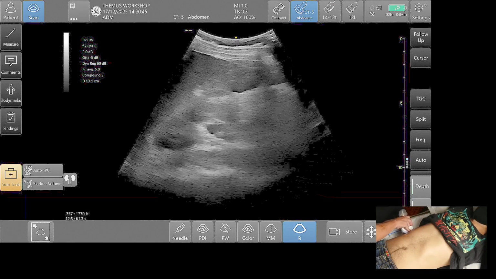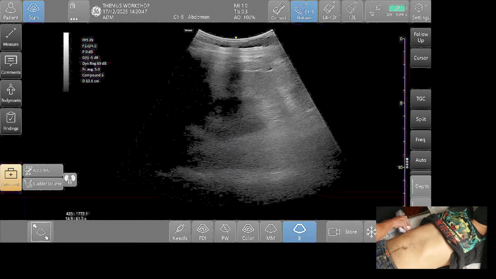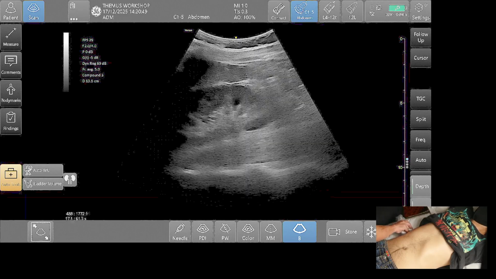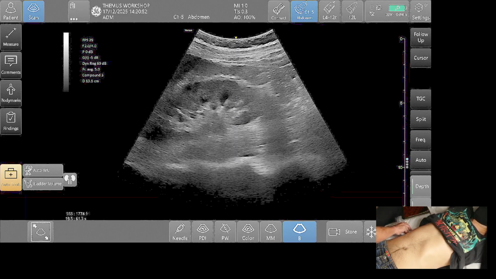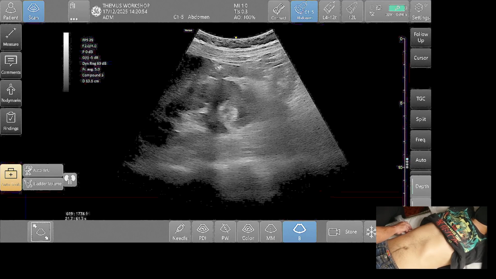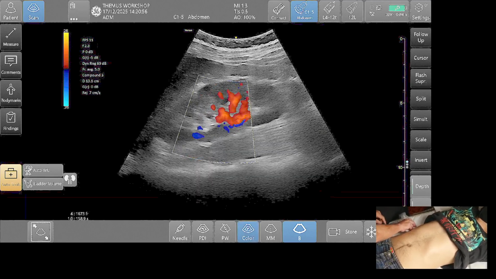And for the kidney, again, the same side. Maybe you have to put your transducer to more posteriorly, then it will not block by the rib cage. Then turn on the color Doppler.